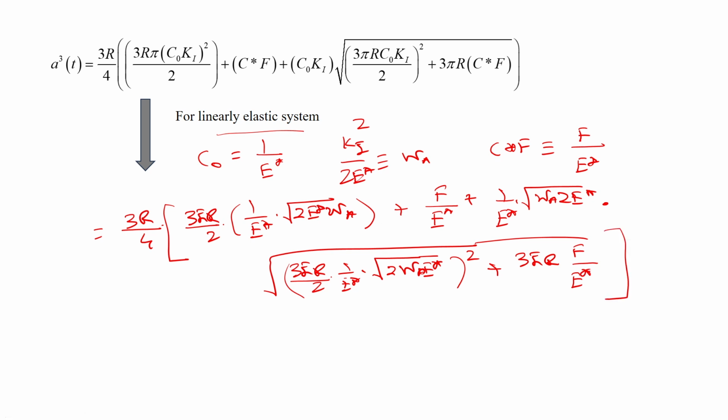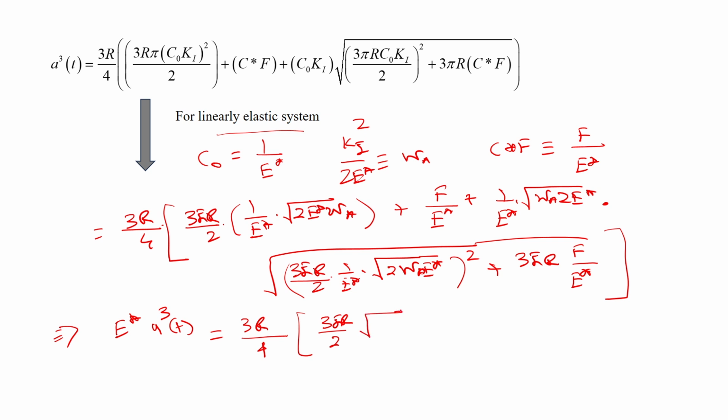Now, if I do the algebra, we will get something like this. Let us say E star into a cube, so this is equal to 3r by 4, and this is 3 pi r by 2, and the square root is already gone there.